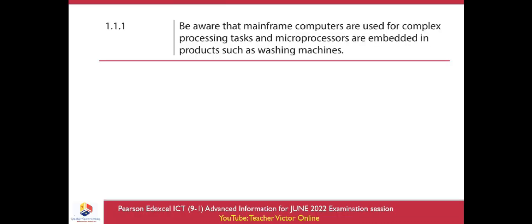We are beginning with the first objective, 1.11, where the examiner wants every candidate to be aware that mainframe computers are used for complex processing tasks and that microprocessors are embedded in products such as washing machines. The objective gives us the purpose of mainframes and microprocessors.